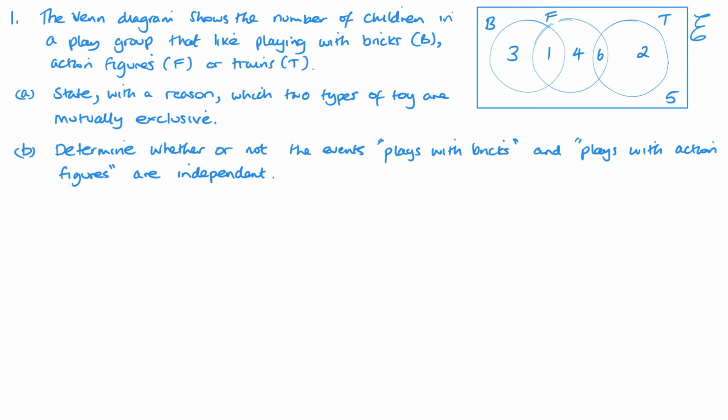So, easy question: a Venn diagram with bricks, action figures and trains. State with a reason which two types of toy are mutually exclusive. Mutually exclusive is going to be bricks and trains.